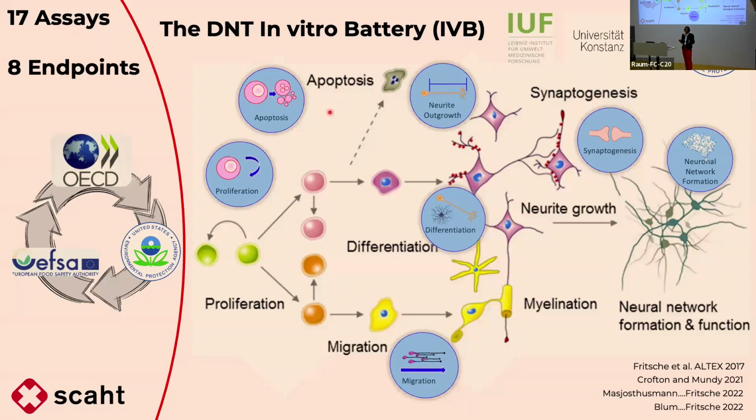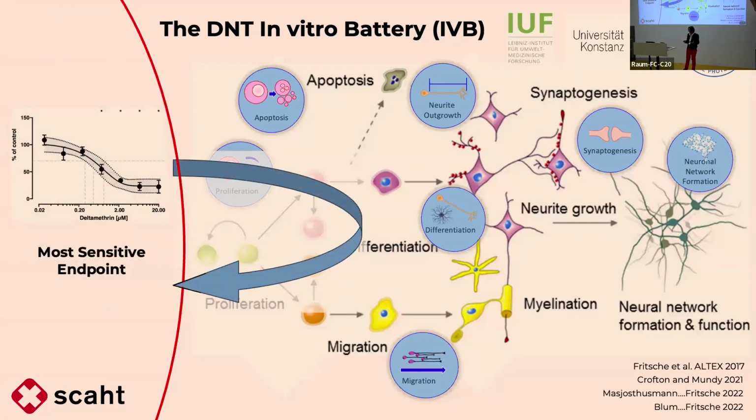We ended up with a battery that has 17 assays right now and covers 8 different neurodevelopmental endpoints. And these assays can be used to test compounds and generate concentration response curves like you are all familiar with. And when you cover the whole battery of tests with a chemical, then you can look which endpoint is the most sensitive, and that would be the endpoint of regulatory concern.